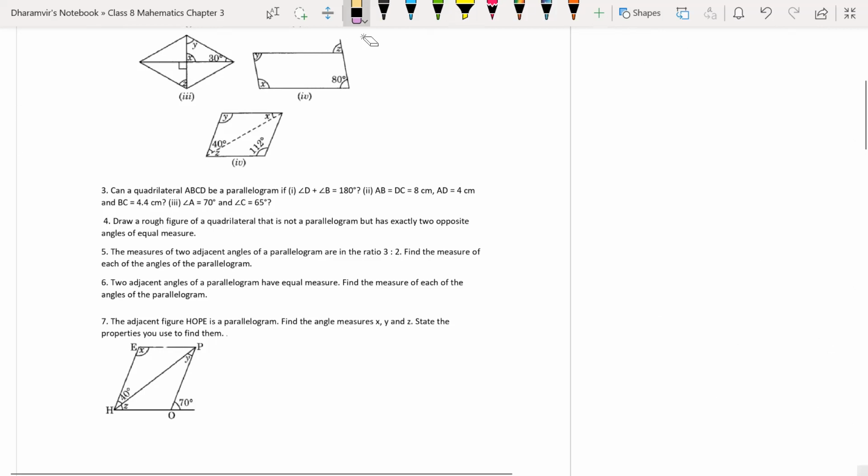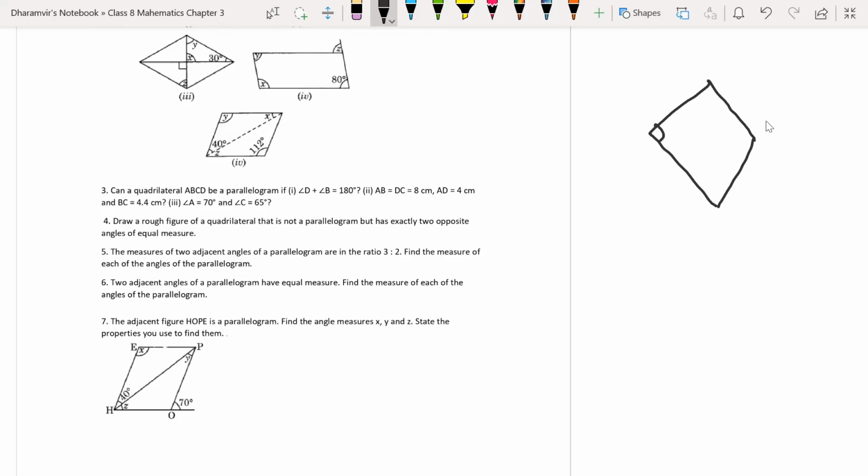Let's draw a figure, a kite. Draw a figure like this. A, B, C, D. Here we can say in this figure that these are the equal sides, but these are not equal sides.